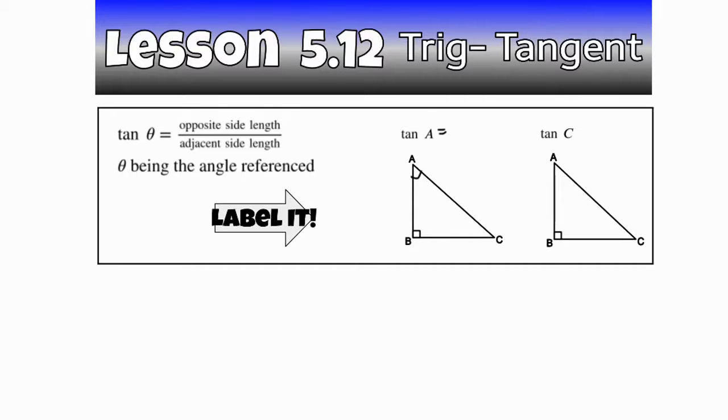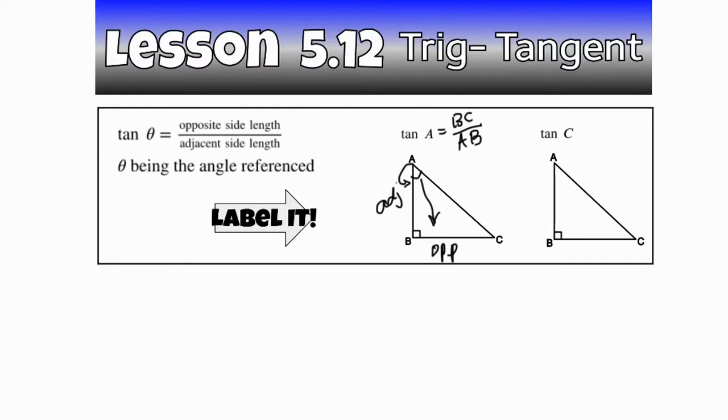The tangent here is going to start with the opposite side, which is BC, divided by the adjacent side, which is AB. All right, so opposite over adjacent.